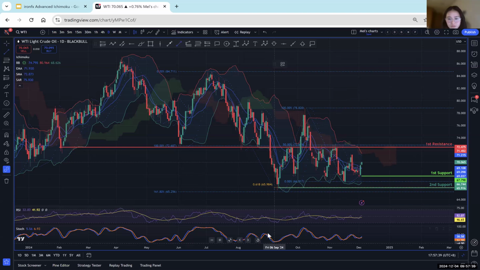Okay, so stochastic, we have this ascending trend line, which is giving us a bullish signal. RSI, I don't think RSI is telling us much as well.